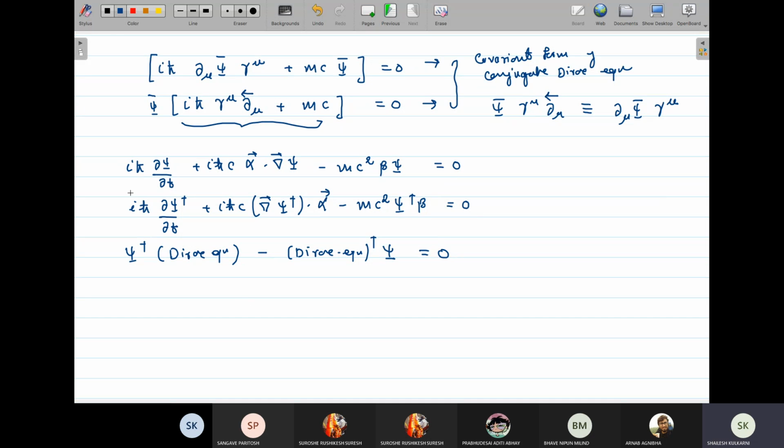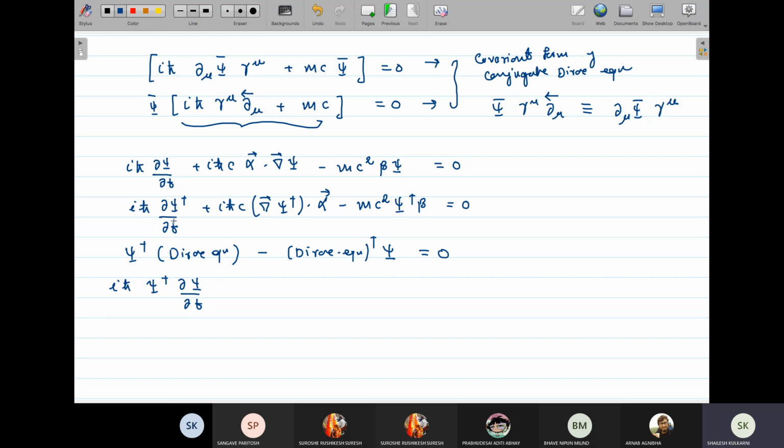So we multiply the Dirac equation from the left by ψ† and then subtract from it the conjugate equation multiplied from the right by ψ. That is what this quantity is. So you will get iħ ψ† ∂ψ/∂t, which is coming from this.